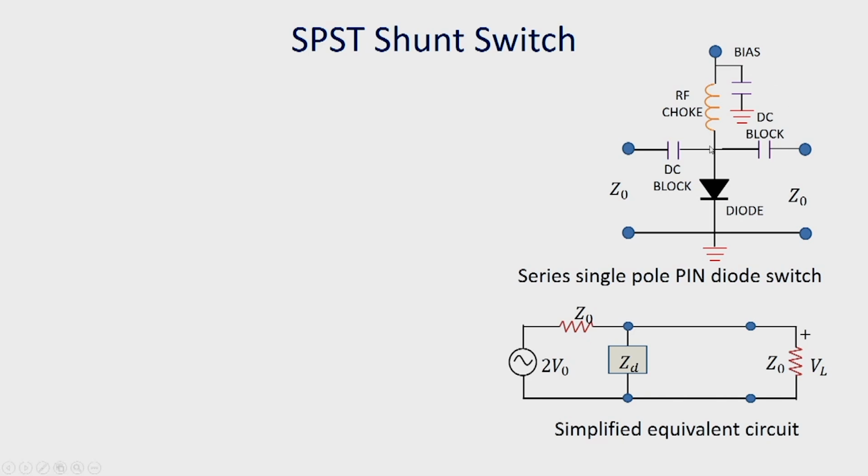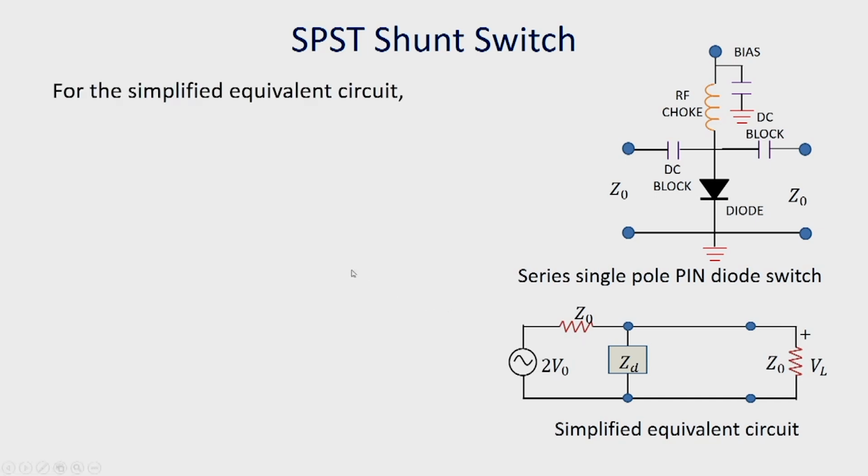In the light of this discussion, we can draw a simplified equivalent circuit as shown in the figure, and we find that ZD is now connected in parallel between the source and the load.